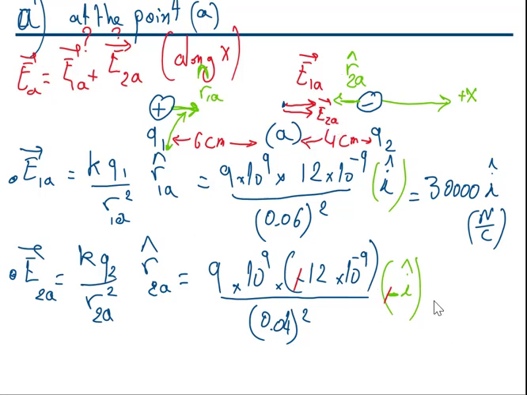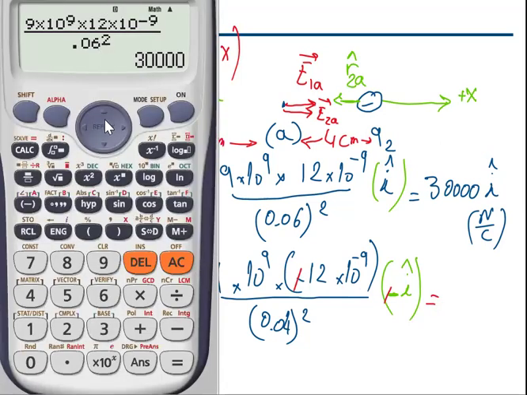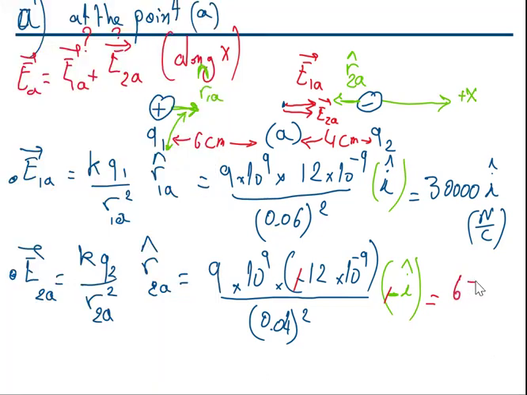Good. So what will be the result? Let's calculate again. It's divided by not 0.06, it's 0.04. And then it's 12. Negative, negative, they will cancel each other. So the result is 67,500 i, and the unit is Newton per Coulomb.